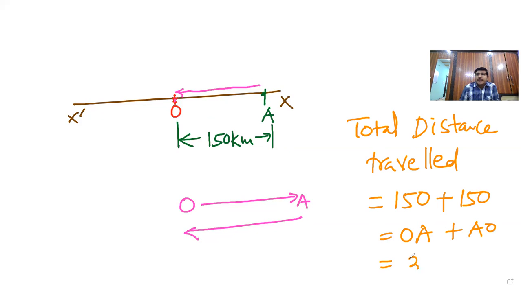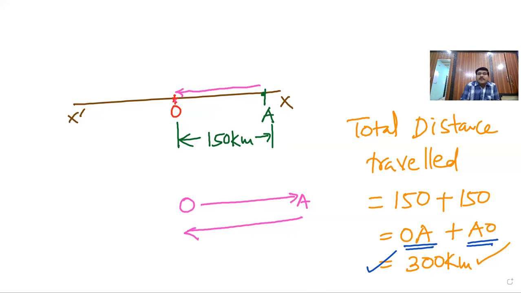Total it is 300 kilometers. Have the clarity. OA and AO. Don't take the reverse direction as negative. Why? Because distance has only magnitude, no direction. Total is 300 kilometers. Is it clear? Okay.